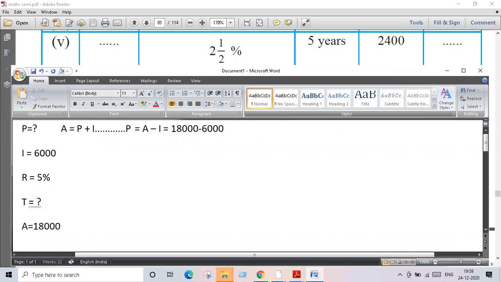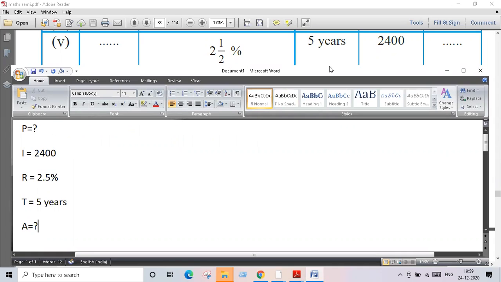We have to find out the principal and the amount.